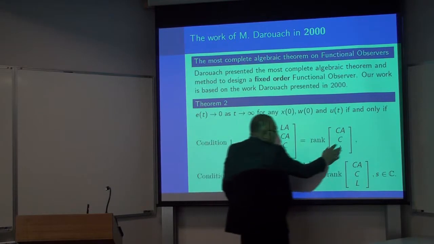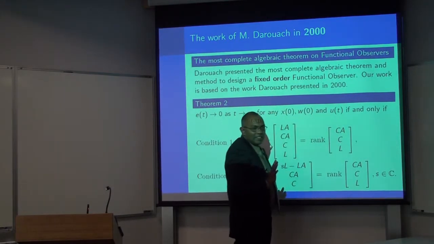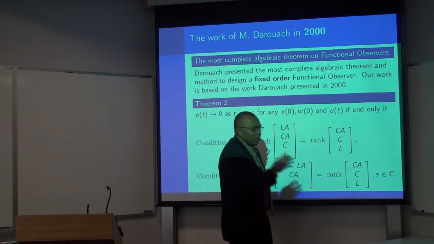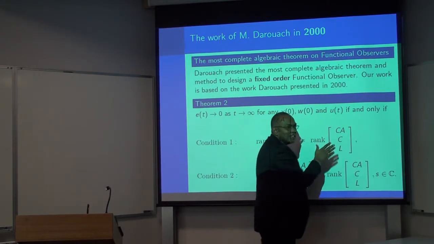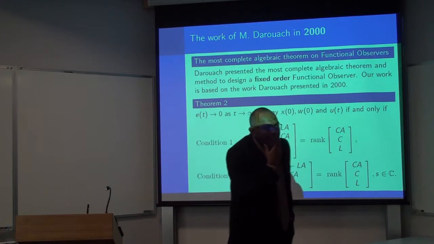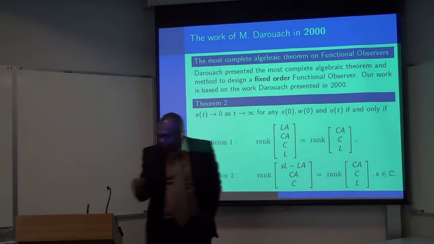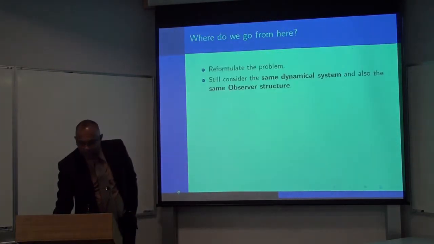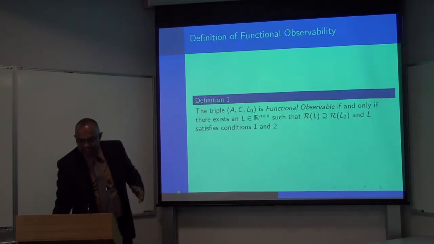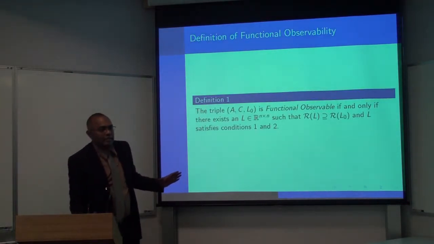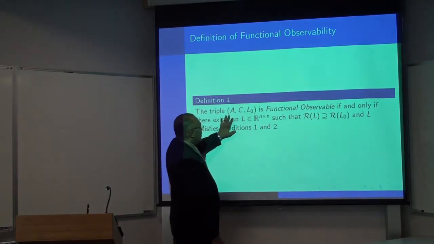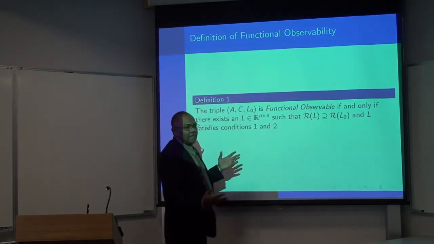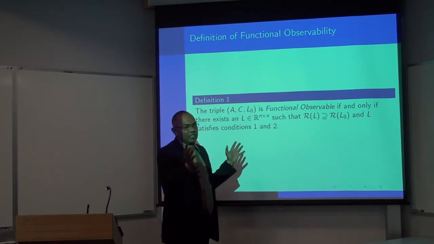Well, L doesn't necessarily have to be a square matrix. But you can always add rows. The objective is to add the minimum number of rows. I was just wondering about your definition of observability. You didn't say anything about how many rows you should add. It need not say anything. All it's saying is that if there exists an L which has any dimension.